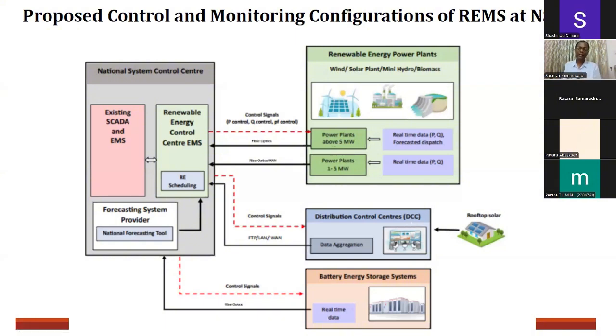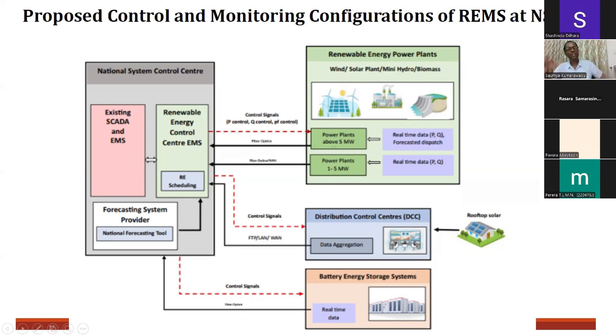The upgrading of this system is going on. Real-time monitoring, prediction and forecasting of rooftop solar systems will be done, and the distribution control centers will communicate with the main server at the National System Control Center, Renewable Control Desk.